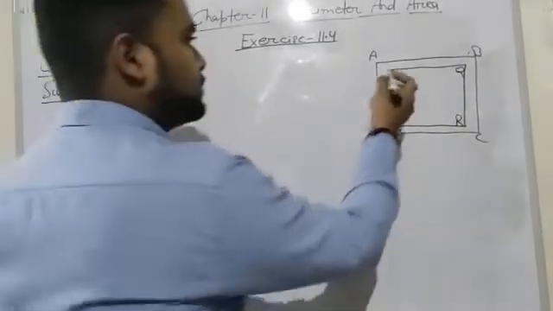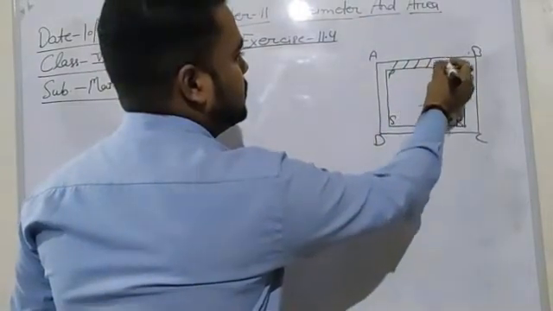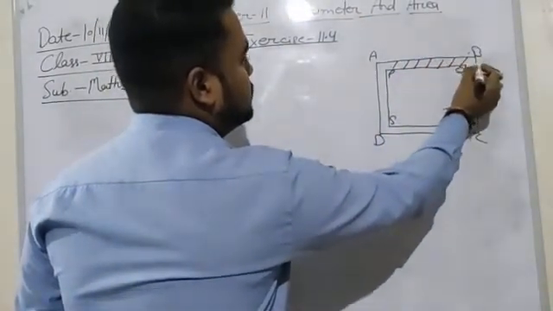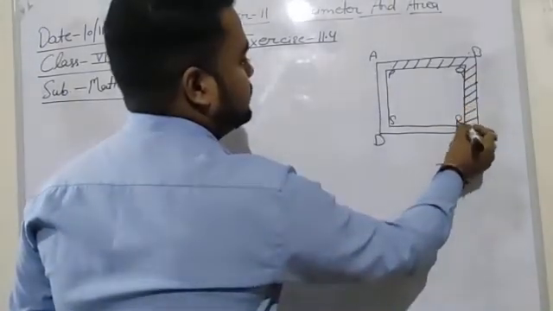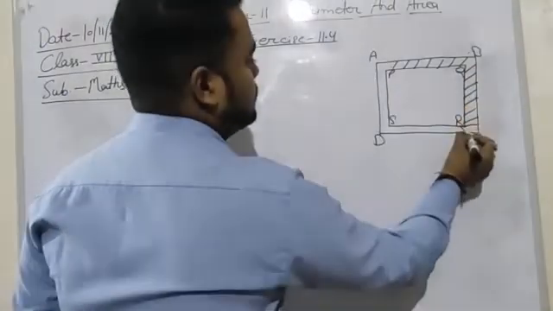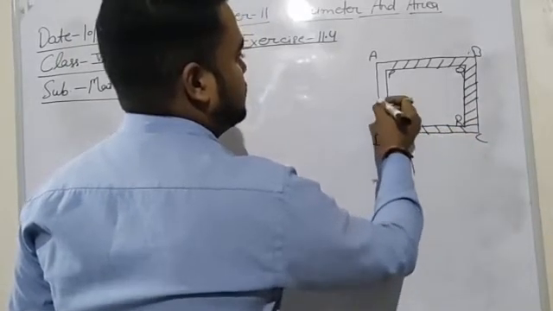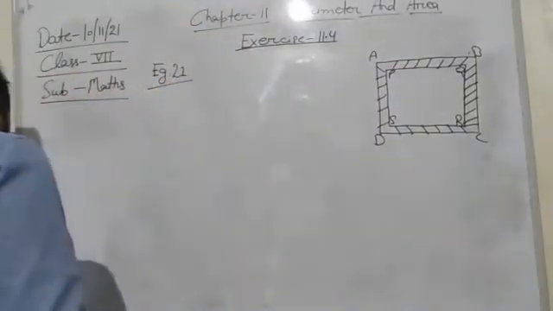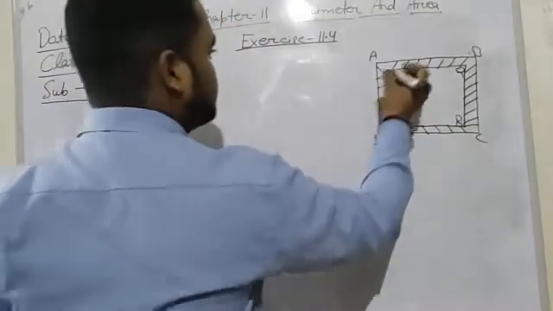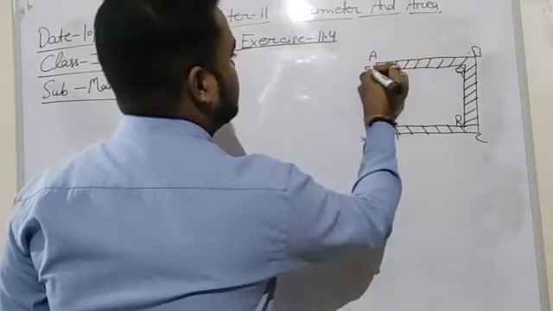Actually, it is a path. The region between the two squares is a path. It is a path of width 5 meter. The width is 5 meter.